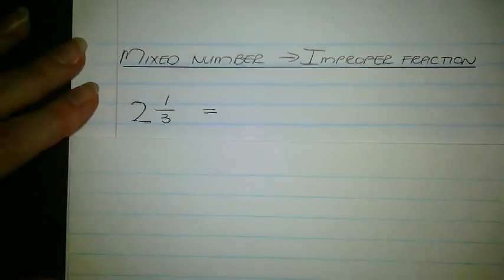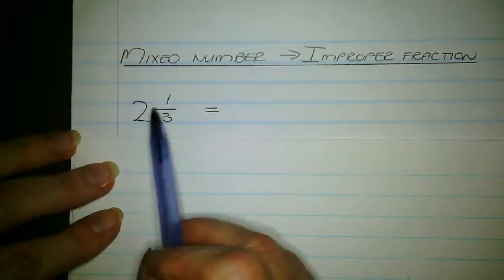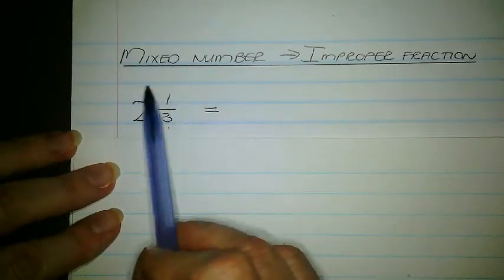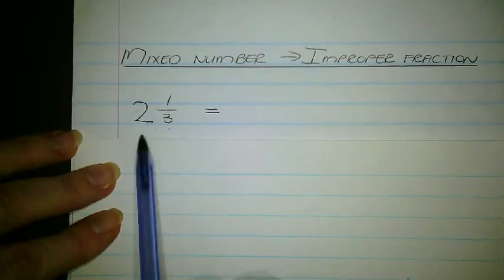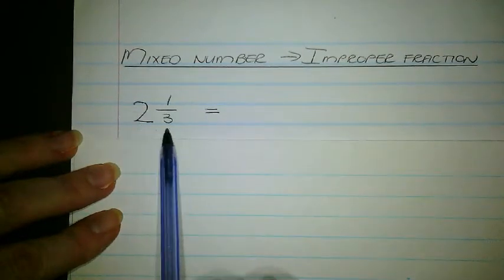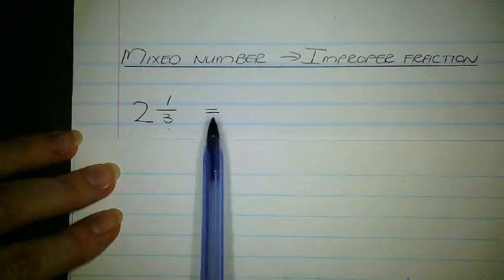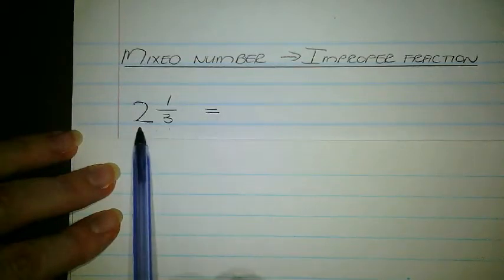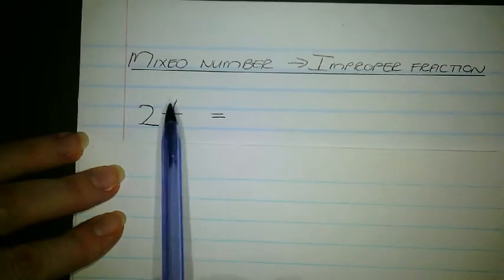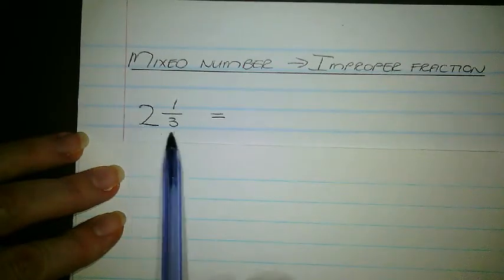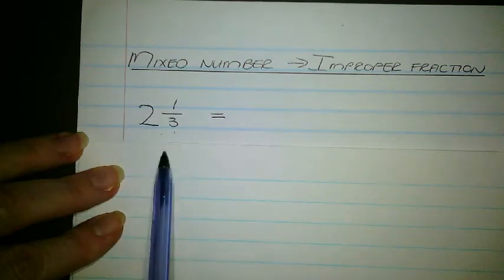Okay, in grade 6, when you did the 2 1/3, we had to convert it to an improper fraction. You knew basically that you had to multiply the unit with the denominator and add the numerator. Now some people get confused: what do I have to multiply and what do I have to add?